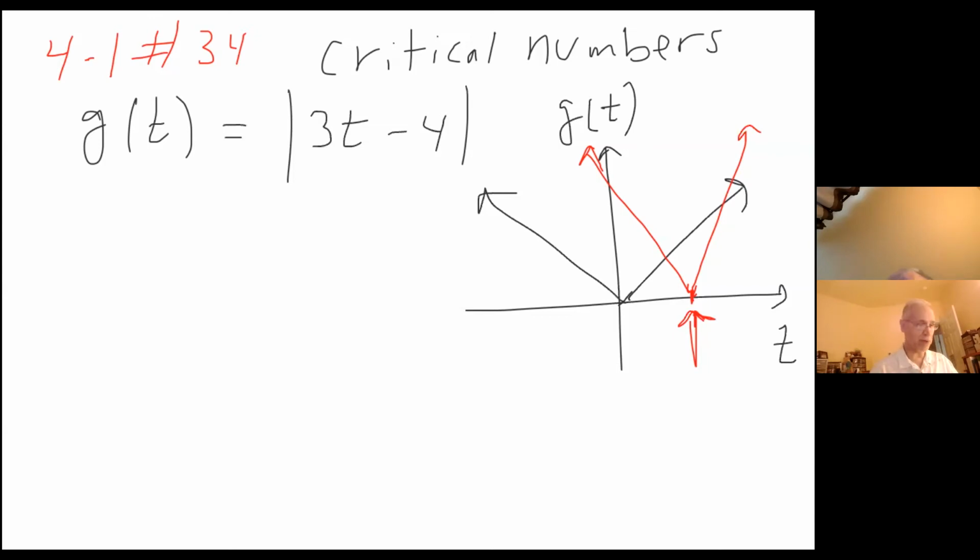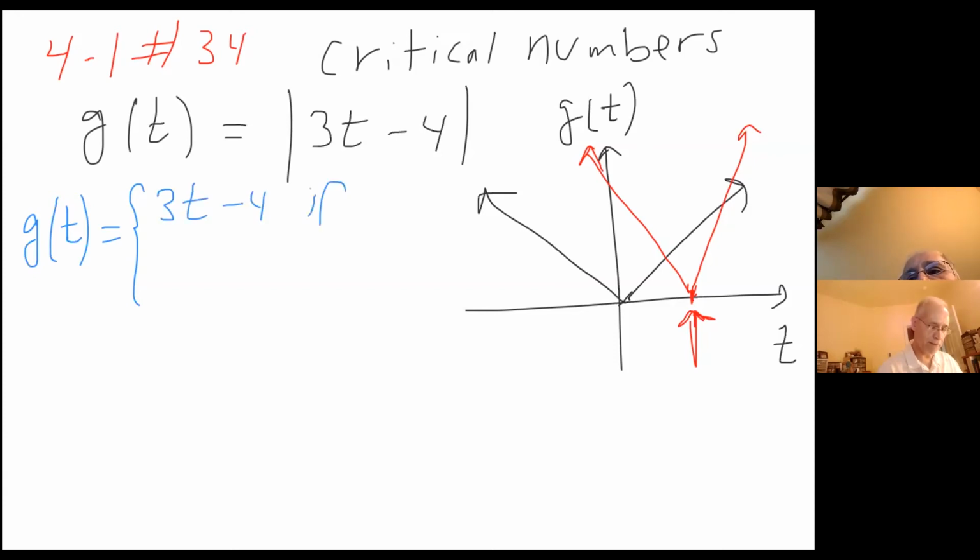The first thing to remember is the definition of absolute value, which I don't know in what class they show that here in the United States, but at least Math 141, Math 148. So from previous knowledge, I'm going to have to remember that g of t equals 3t minus 4 if the value of 3t minus 4 is greater than or equal to 0.